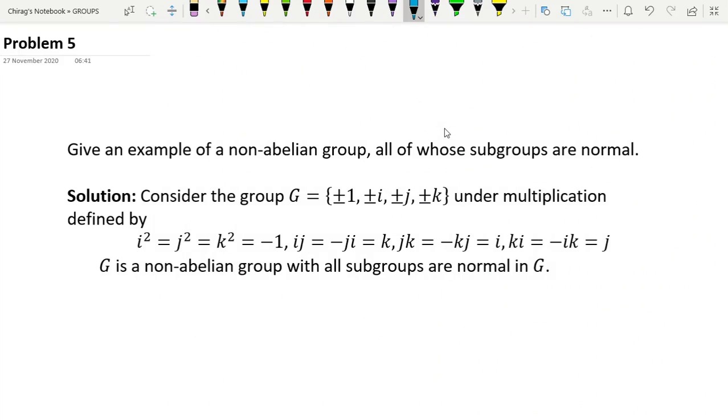Now next, problem number 5. Give an example of a non-abelian group, all of whose subgroups are normal.